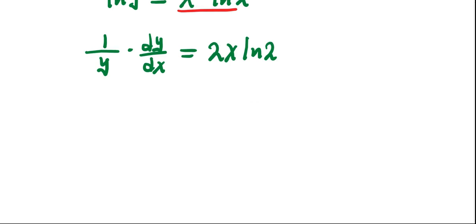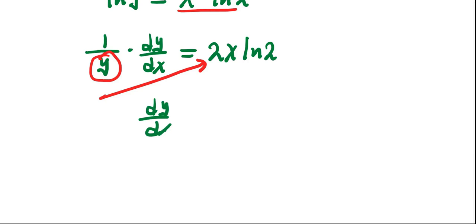So now we need to take this y, simply cross multiply it, and then dy/dx is equal to y, open bracket, 2x ln 2.